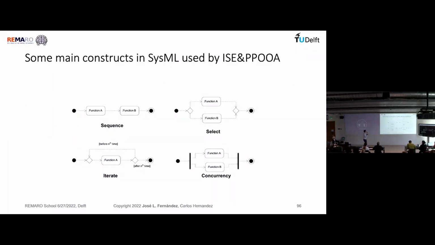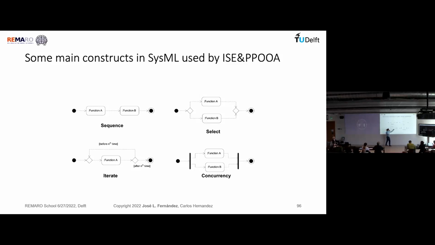So to model the flow between functions, there are some rules regarding how the tokens work. If you want to model a sequence, that's clear. If you want to select between two functions, you use a decision node and a join node. If you want to iterate, you also need to add this merge node here.